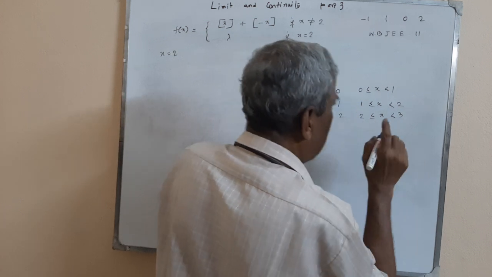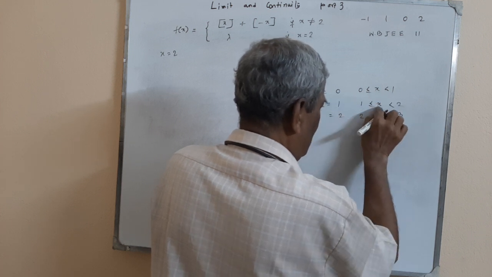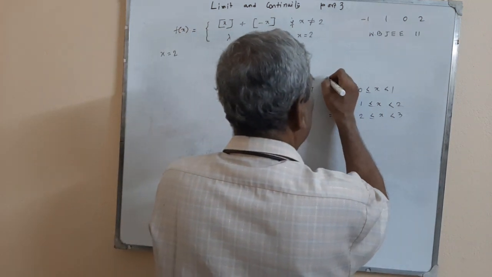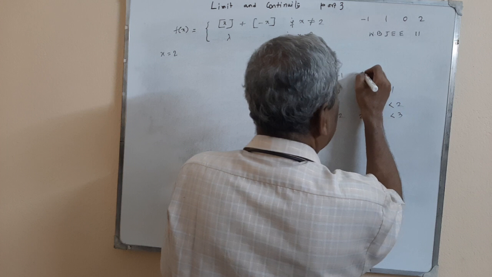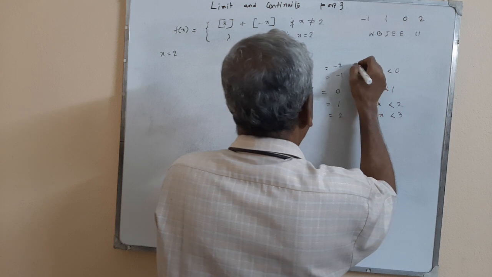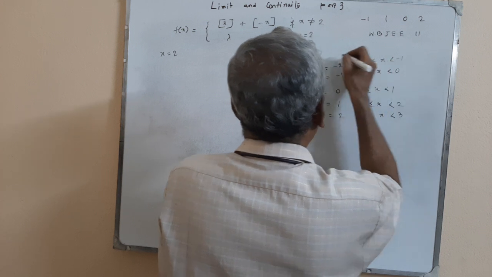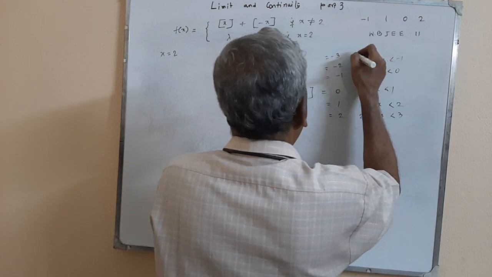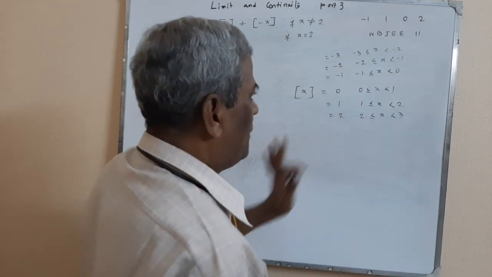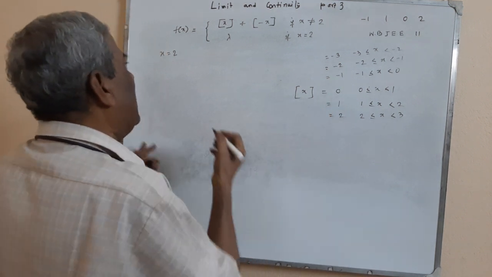You can keep in mind that it is the lower limit of x, and it is equal to -1 if x is from -1 to 0. It is equal to -2 if x is from -2 to -1. It is equal to -3 if x is from -3 to -2. This is the proper definition of integral part of x. And now simply we apply it.